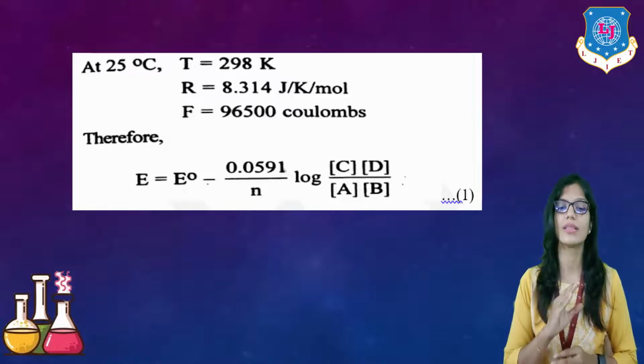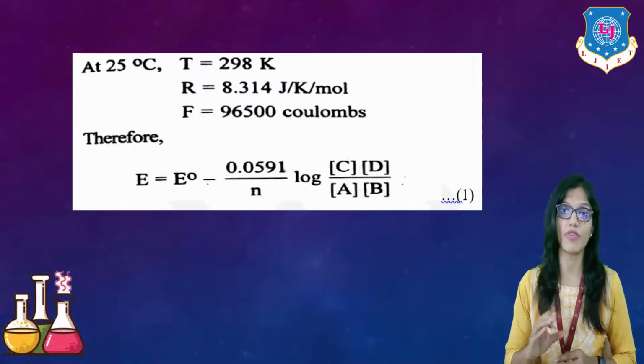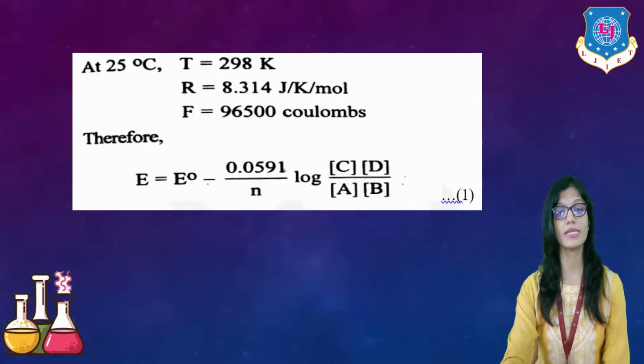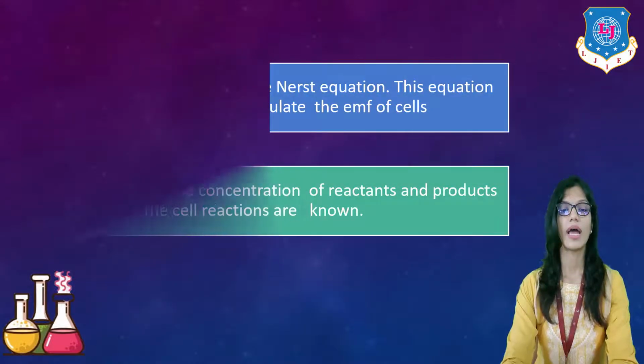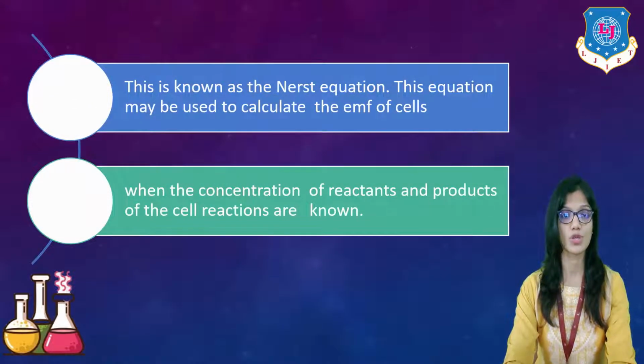This is the simplified equation when the electrochemical cell is operated at 25 degrees Celsius. This is known as the Nernst equation, and it may be used to calculate the EMF of the cells when the concentration of reactants and products of the cell reactions are known.